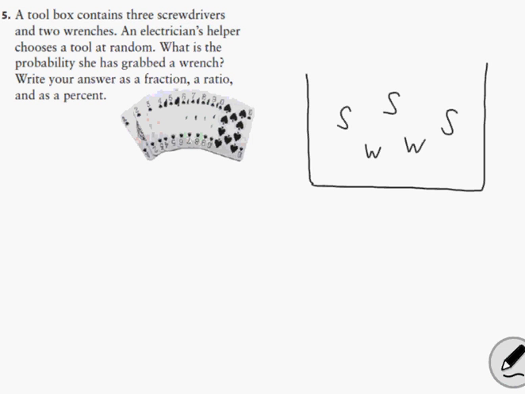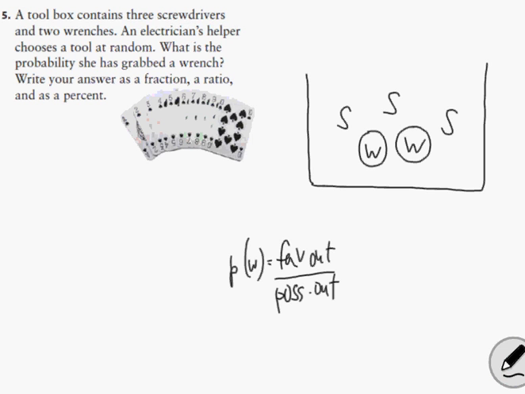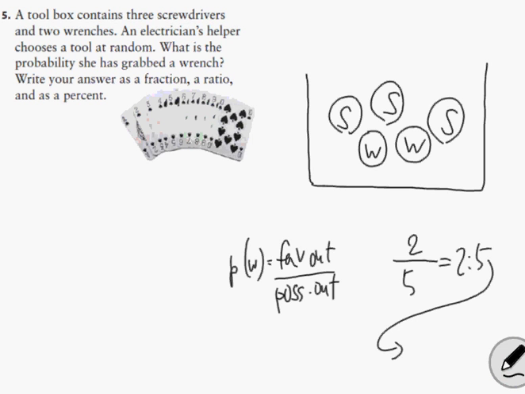The probability of a wrench equals favorable outcomes divided by all of the possible outcomes. The favorable outcomes, we have 2 of them, drawing either one of those wrenches. So there are 2 possibilities out of 5 total tools. So we say 2 to 5, or as a ratio 2 to 5. But more importantly, as a percentage, you have a 40% probability of drawing the wrench.